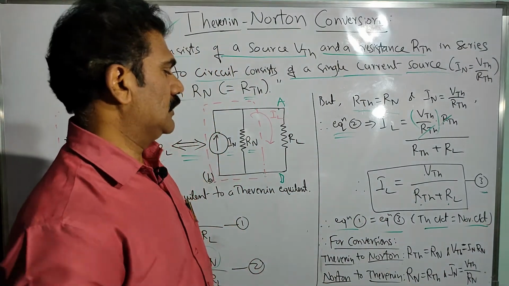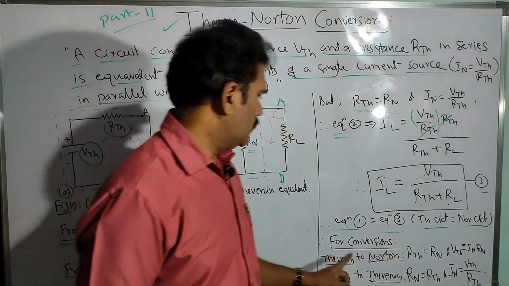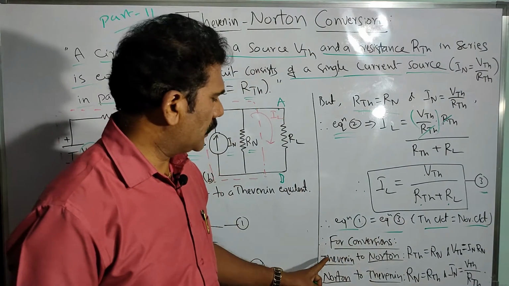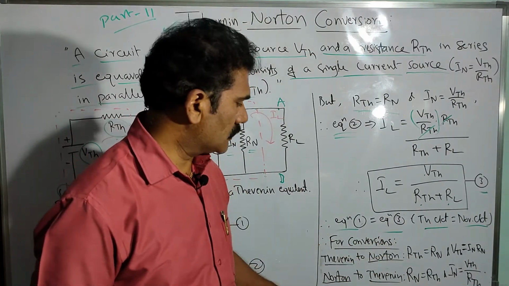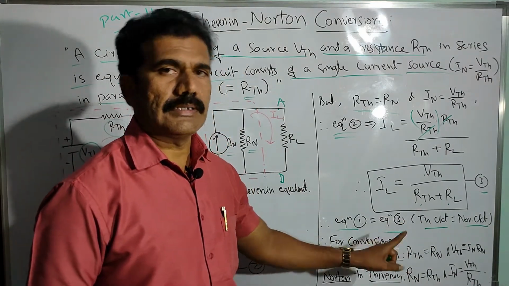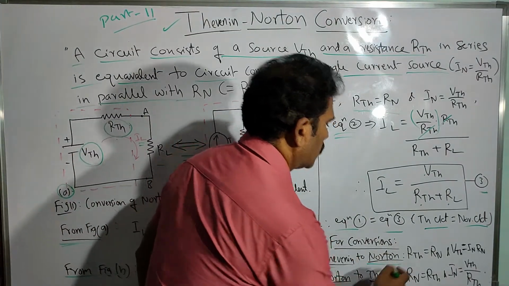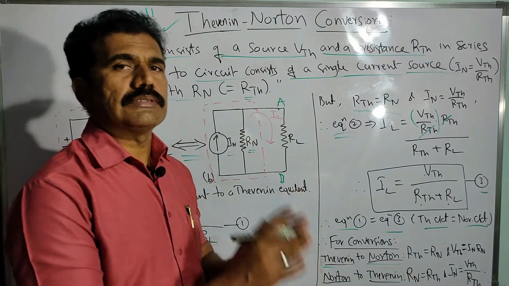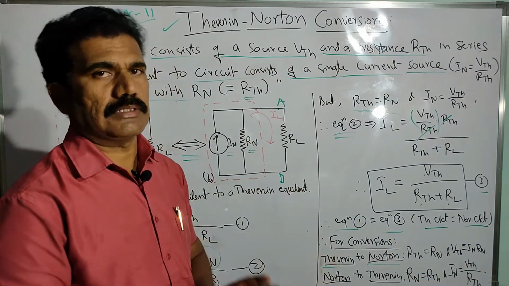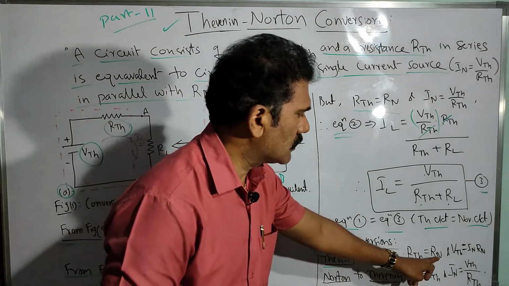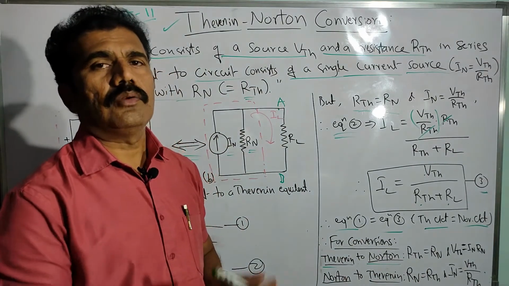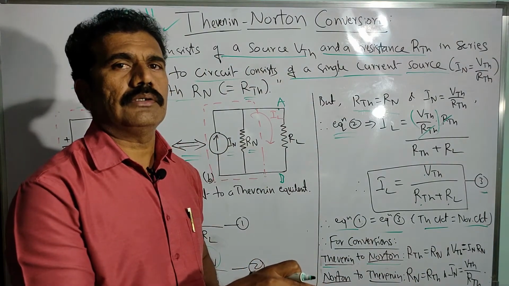Mutually we can interchange them. For conversions from Thevenin's to Norton or Norton's to Thevenin, you have to look at the conditions. So what are the conditions? Thevenin to Norton: Thevenin's resistance must be assumed as Norton's resistance, so RTH is equal to RN. And there will be a voltage source, which is called VTH.